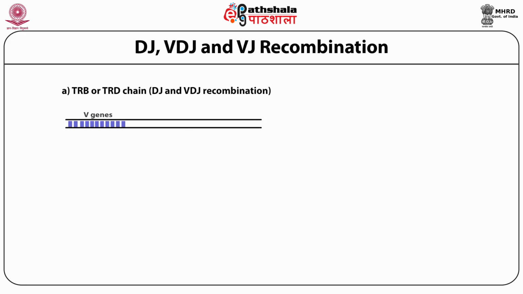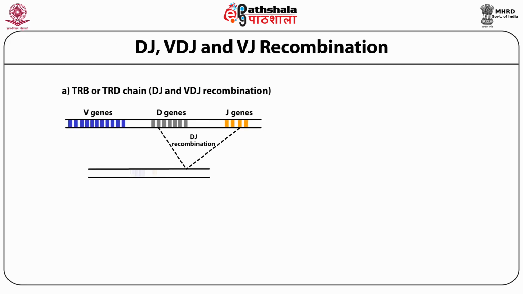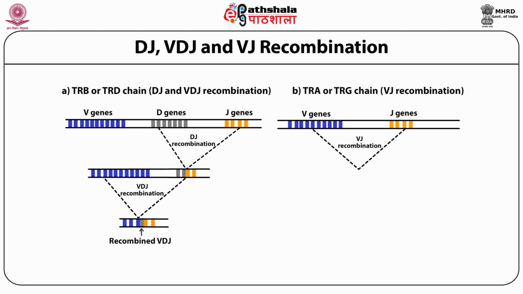As illustrated in the figure, the TRB and TRD loci contain V, D, and J genes and undergo two separate recombination events. One event links the D gene to J genes and is called D to J or DJ recombination. The other event links the rearranged DJ genes to V genes and is known as V to DJ or VDJ recombination.